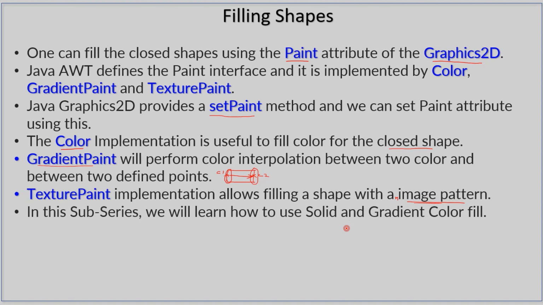In this example, we will learn how to use solid as well as gradient color fill for a closed shape. In this sub-series, we will use a rectangle to fill it with a solid color. Then we will use one more rectangle, and here we will fill this with a gradient color.